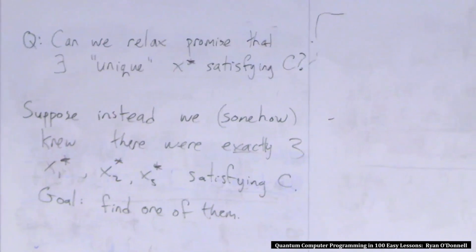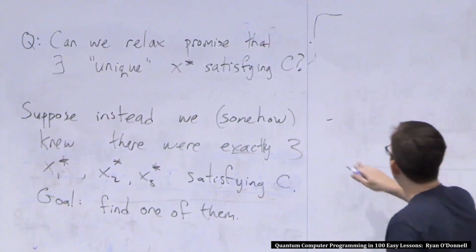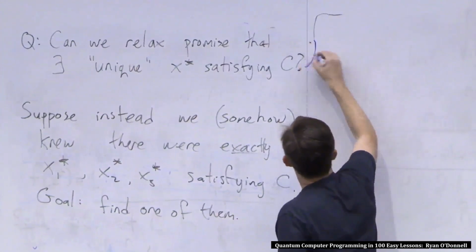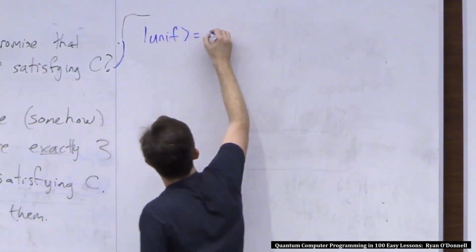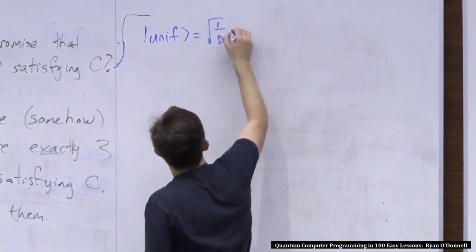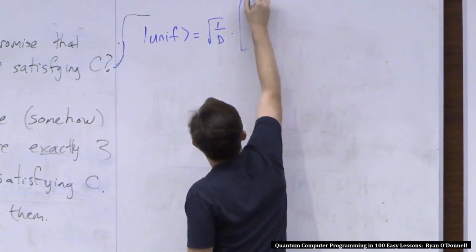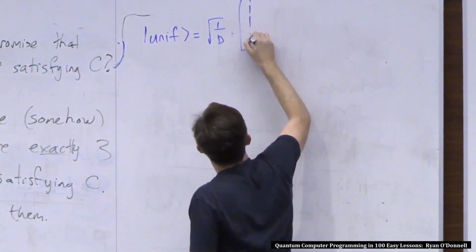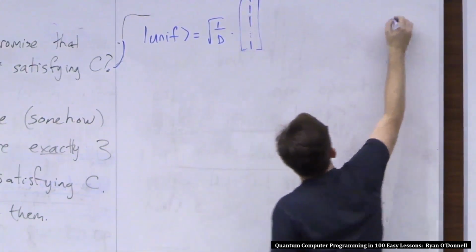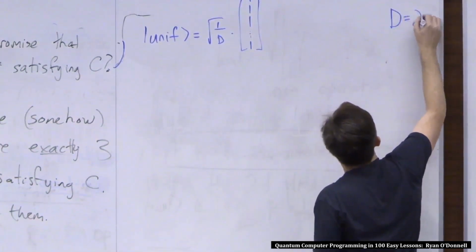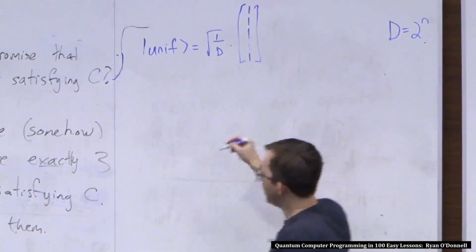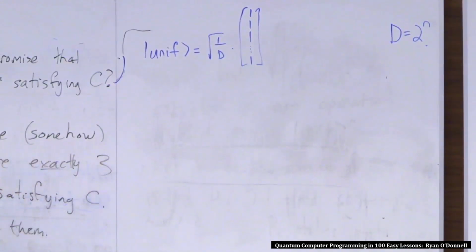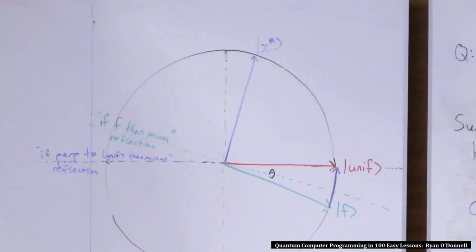So once again, we're going to start by making this uniform superposition vector, which is 1 over square root d times all 1s, where as always d stands for 2 to the n. And then the first step is to apply if f then minus. So that takes us down here.